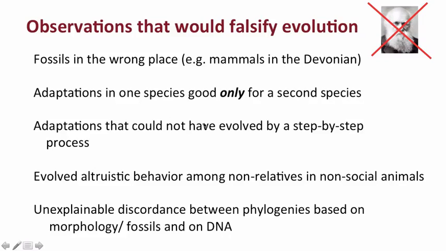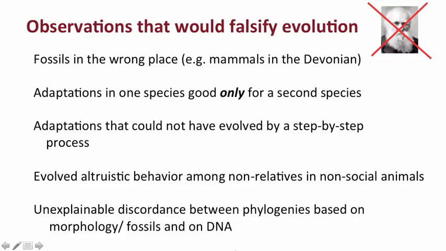Adaptations in one species that are only good for a second species would definitely not be consistent with the idea of evolution by natural selection. Adaptations that could not have evolved in a step-by-step process, those are things that again would be very difficult to reconcile with evolution by natural selection. And I'll show you a proposed case of that in just a second and show you why it's not the case.